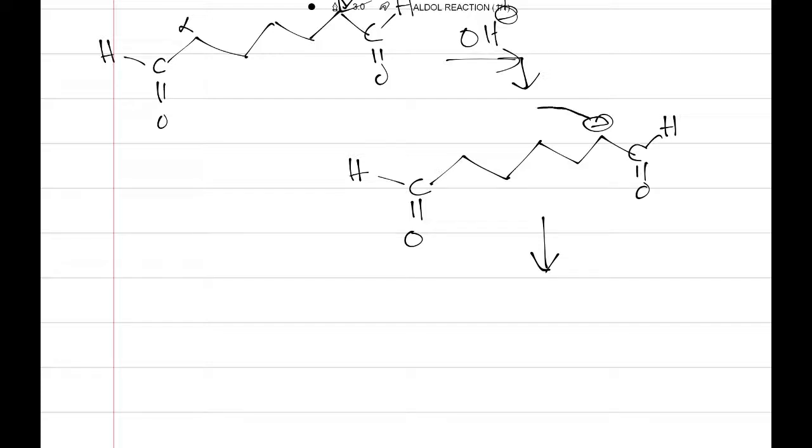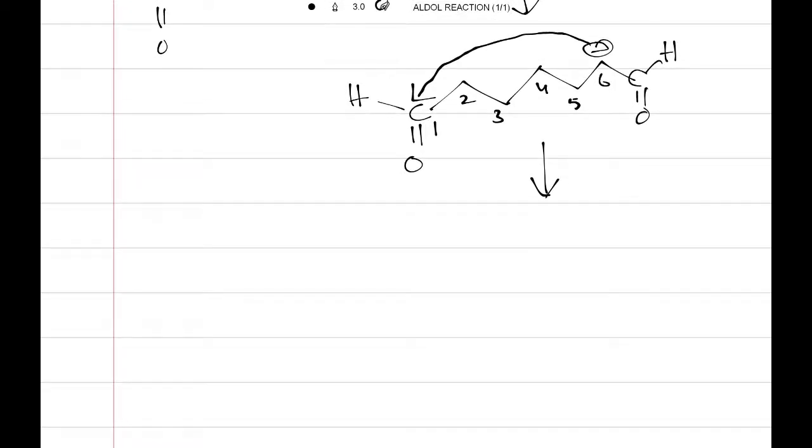This negative charge attacks this carbon, the carbonyl carbon. We will check the ring number. One is this, and 2 3 4 and 5 6. So we can get a 6-member ring. 6-member ring formation takes place.